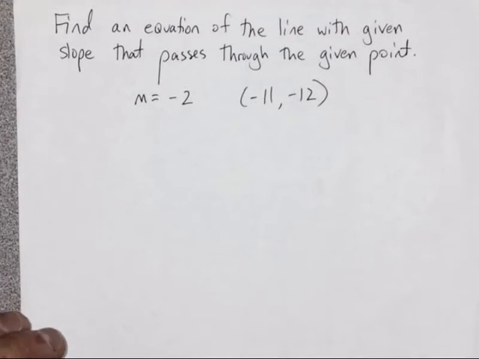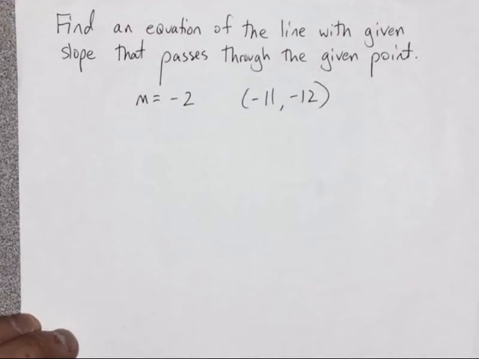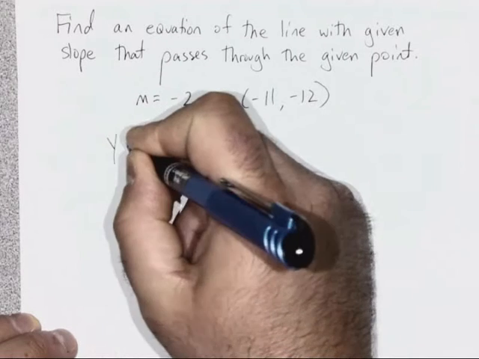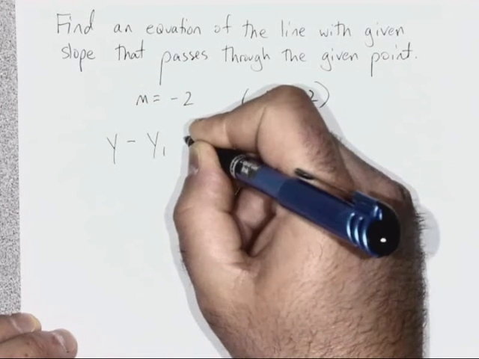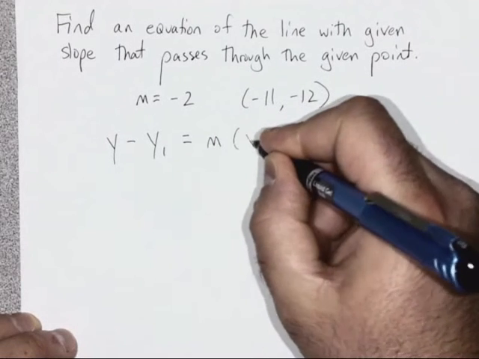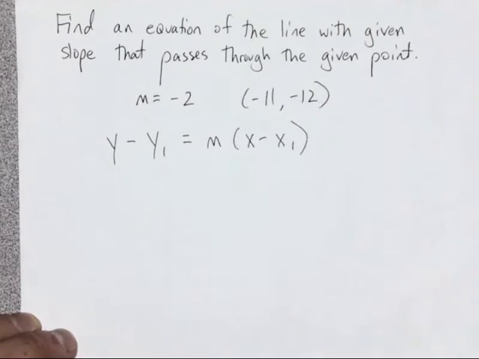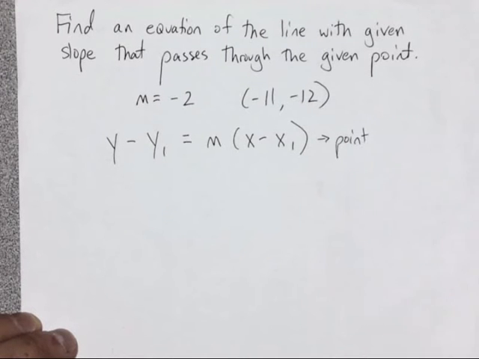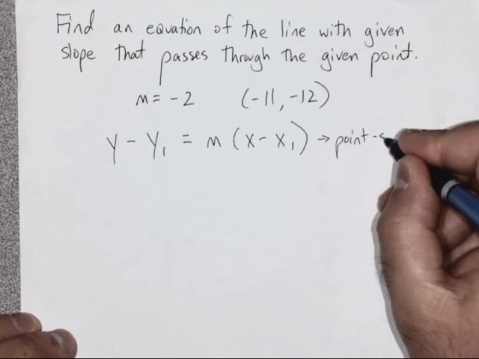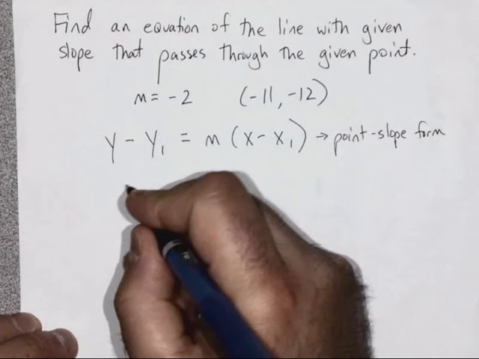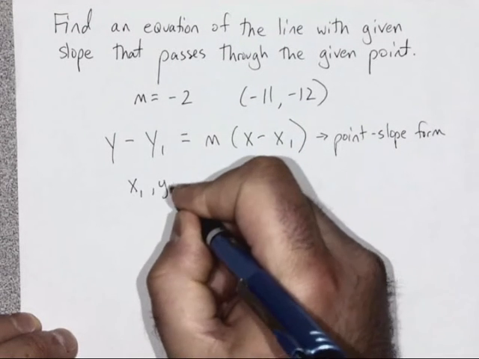To do this, we want to utilize an equation called point slope, and it is in this form: y minus y1 equals m times x minus x1. This is what we call point slope, and it is composed of a point and slope. Okay, so the point is x1, y1.